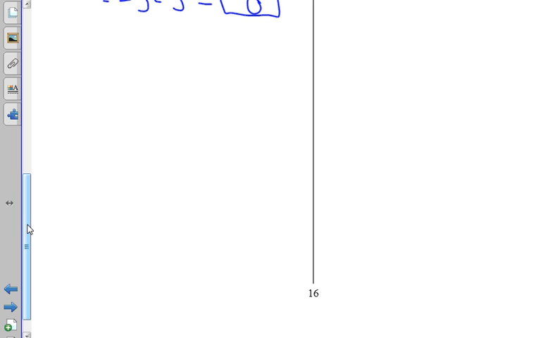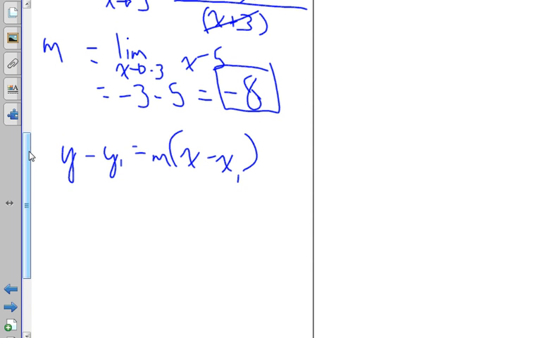And what is the equation that we use to find that? Y minus y1 equals m times x minus x1. Okay, so now we can fill everything in. Y minus y1 is 15 equals -8 times x minus -3, right?